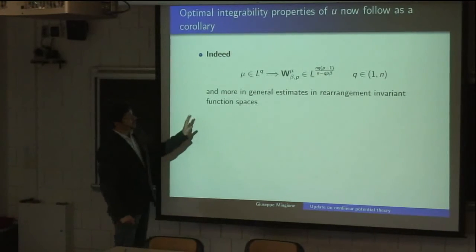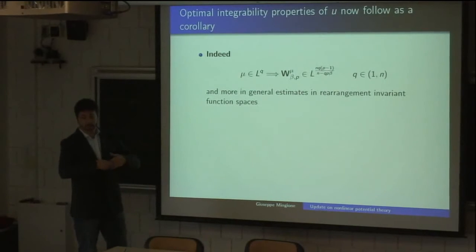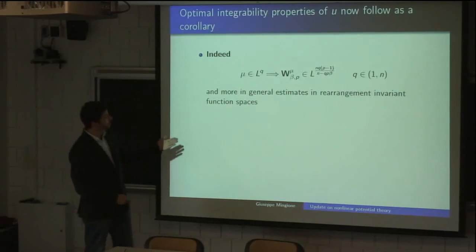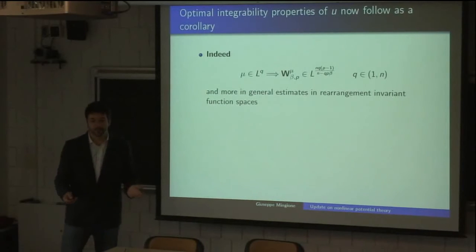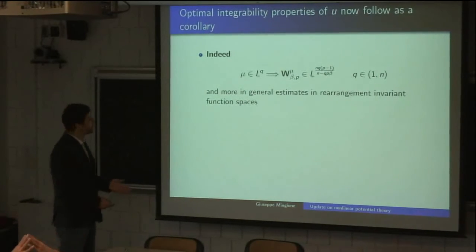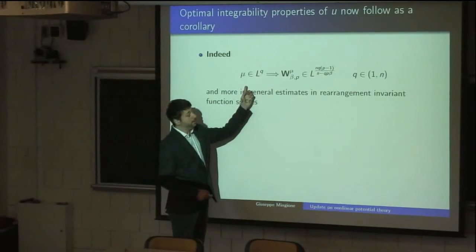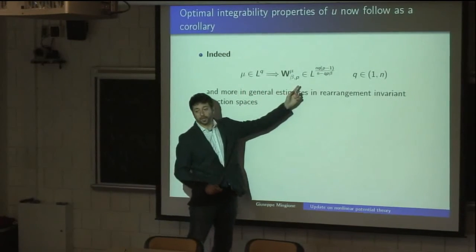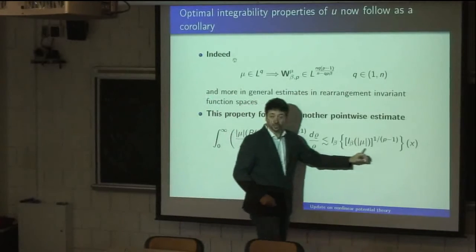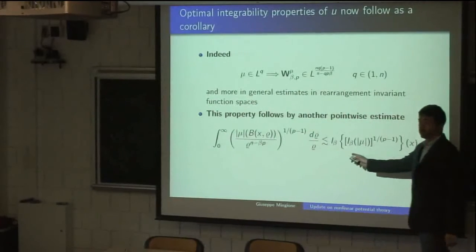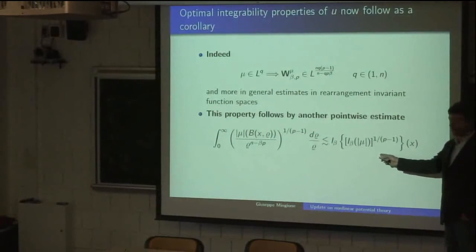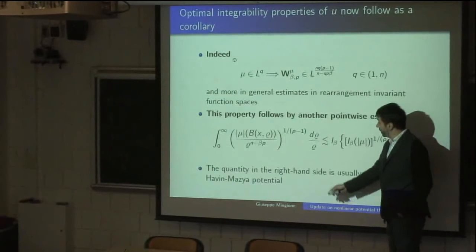Let me tell you why this estimate is important, for instance, from the Calderón-Zygmund viewpoint, because essentially it realizes the integrability theory of solutions. If you want to know when the solution is in a certain space depending on mu, the behavior of Wolff potentials is known because they can be controlled by this iteration of Riesz potentials. This is a nonlinear iteration of Riesz potentials. This is an inequality that has been proved by Adams and Meyers.